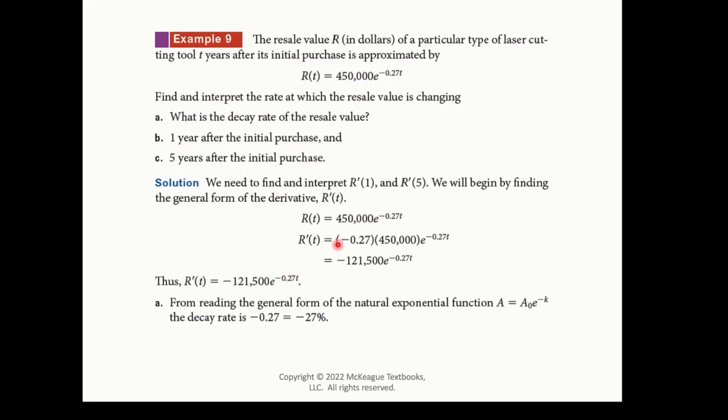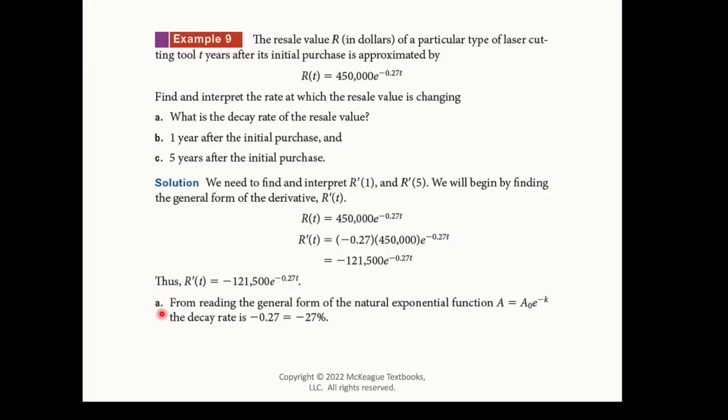Because this is an exponential function, the rule for taking the derivative is that we carry down the exponential function, but then we multiply by the derivative of the exponent. So here's our exponential function that we carry down. I need to multiply by the derivative of negative 0.27t, which is negative 0.27. When we multiply these two values, we now have a coefficient of negative 121,500.